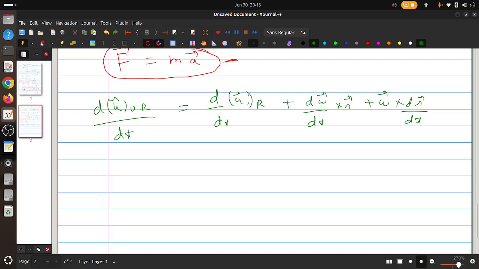So basically we have to expand this thing again in order to differentiate it. This is the particle velocity in the rotating frame, right?